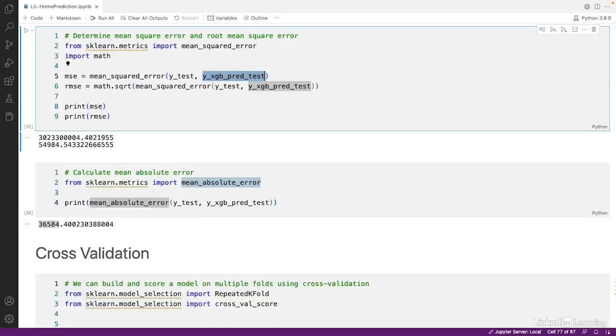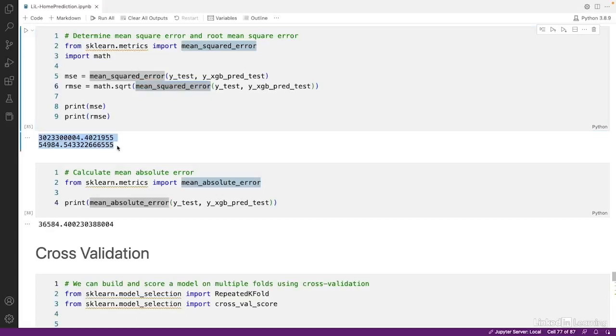The root mean square error score will tell you that. First, we'll need to determine the mean square error, and that's what we do here, using this mean squared error function. Then we can calculate the root mean square error. We have our values here at the bottom.